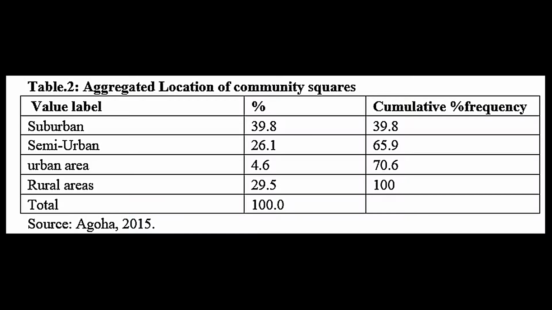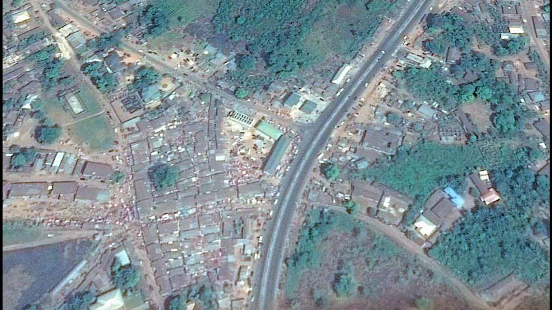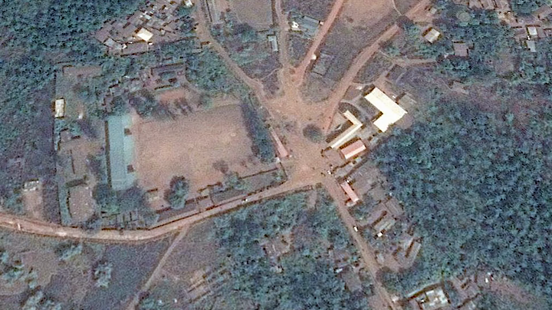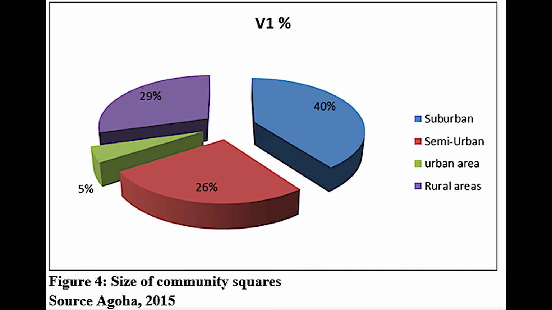Table 2, plate 1, 2, and figure 4 actually show this, and figure 6 also. Hence, the community squares in the rural areas that have not been tampered with provide great opportunity for upgrades and development of the community squares into modern recreational centers.